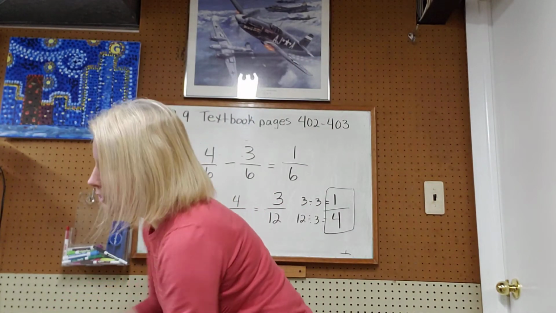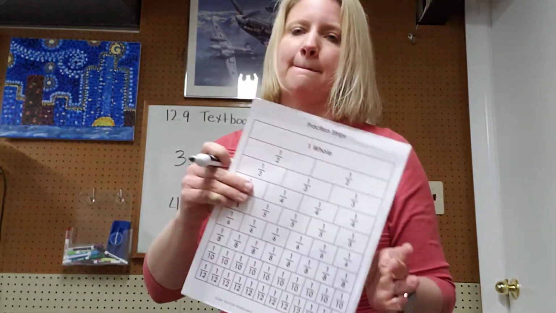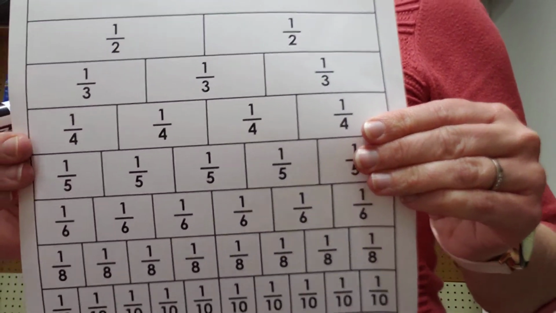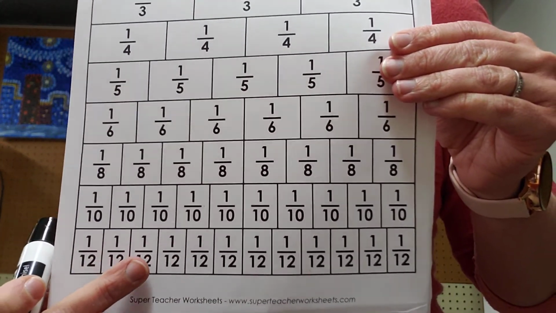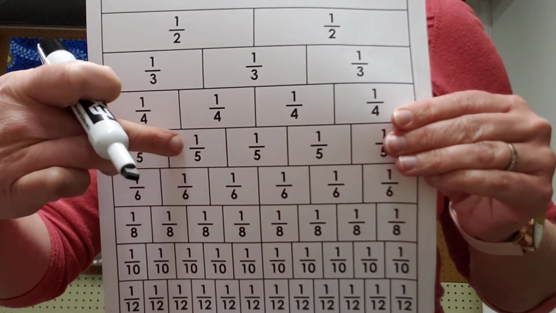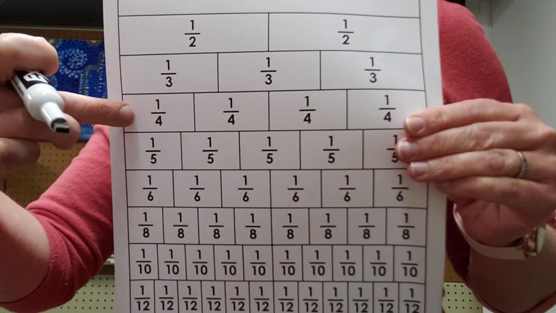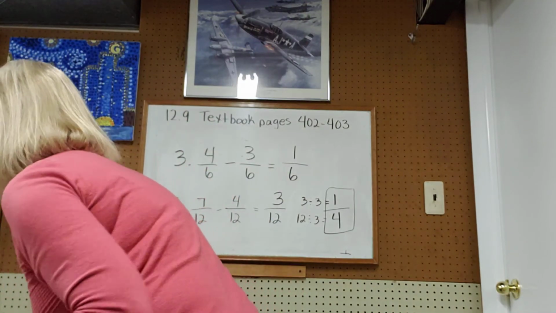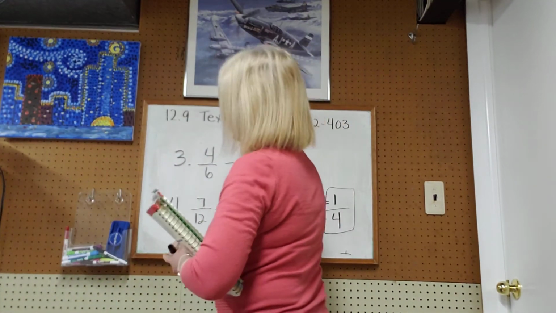I'll show you on your fraction strips. So you had 3/12. 1, 2, 3. You follow that line up, and it's the same as 1/4. Okay, keep going.